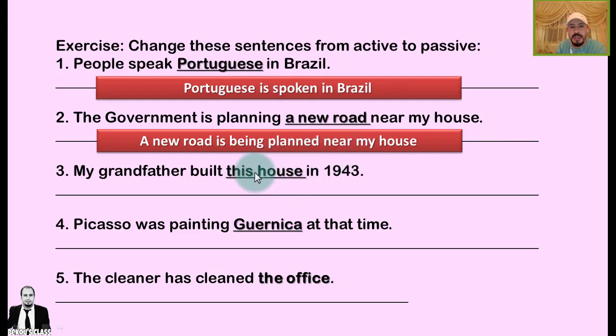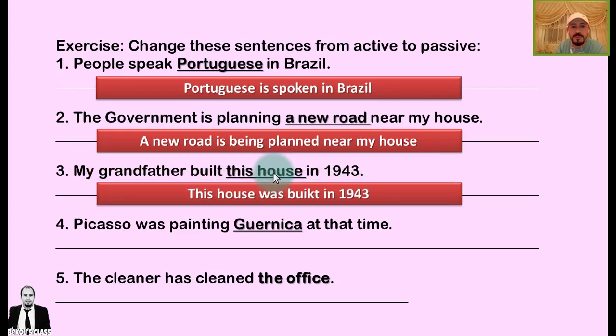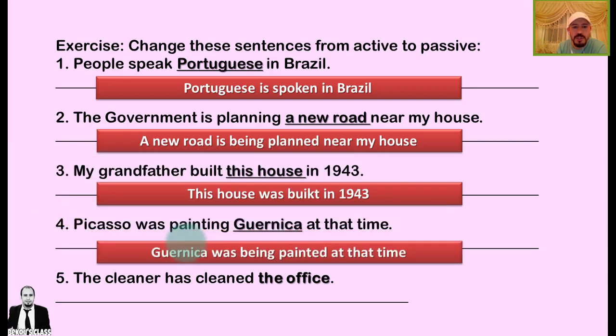Number three, this house was built in 1943. Okay, and number three, there's a mistake here, built. Picasso was painting Guernica at that time, so it becomes Guernica was being painted at that time.